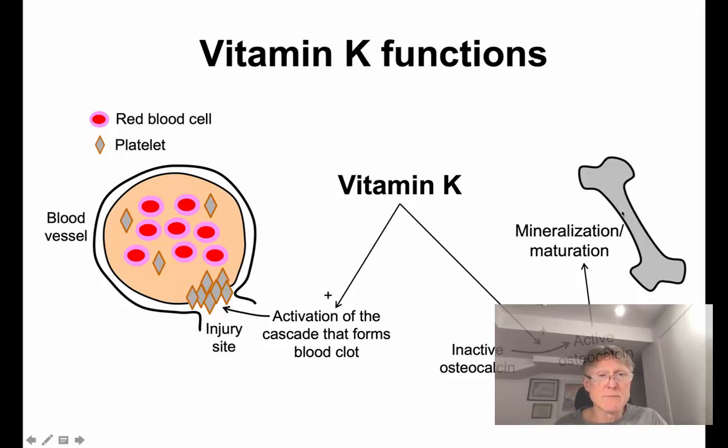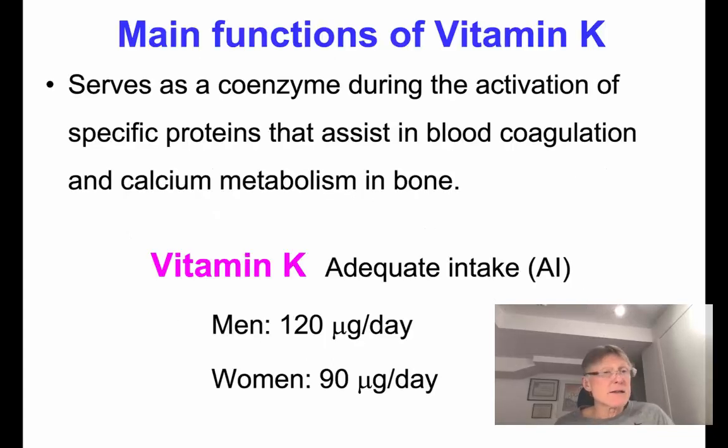So again, there are two main functions for vitamin K. It's important for blood clotting, and it's also important for mineralization and maturation of bones. So it's crucial for growth, development and maintenance of normal function of your bones. These are the two main functions that vitamin K has in your system. How does it do that?